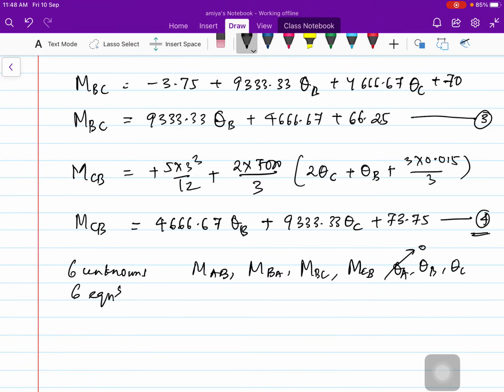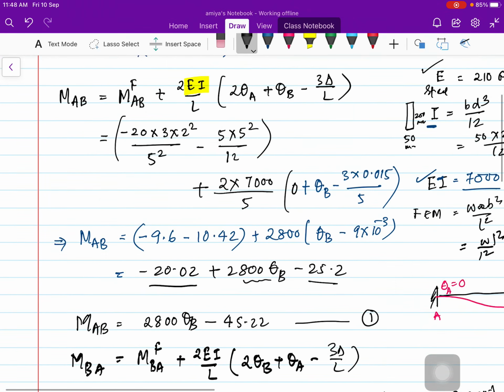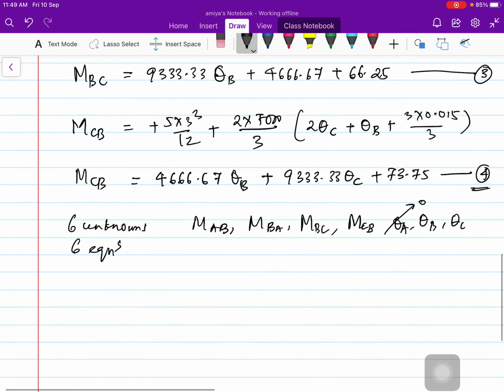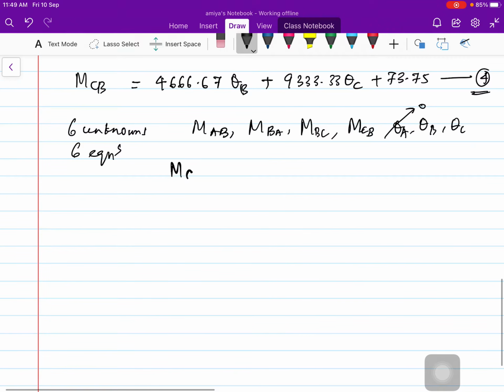If you look at the beam, at support C, this moment at CB will be equal to 0 because it's not fixed, it's a roller support. So here the moment is 0. So we can put one equation as MCB is equal to 0. So this is one equation.